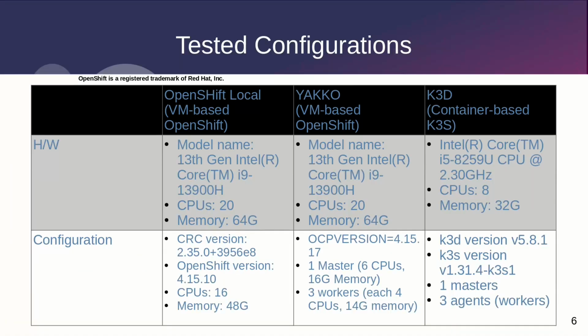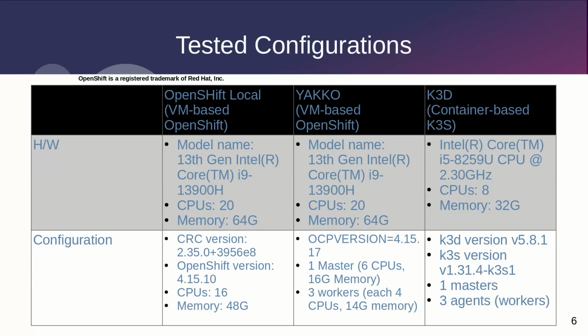Here's the test configuration. For both OpenShift Local and Yacko, I ran it on a 13th Gen Intel i9 13900H CPU. For K3D, I just ran it on an old i5 8259U with 8 CPUs and 32 GB RAM.